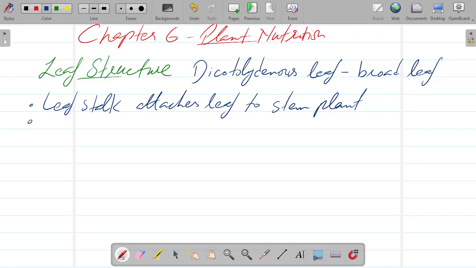And right when the leaf stalk goes into the leaf, it's called the midrib.